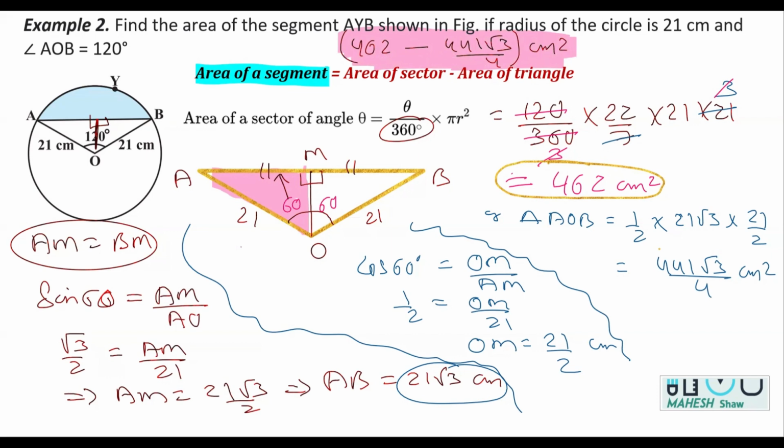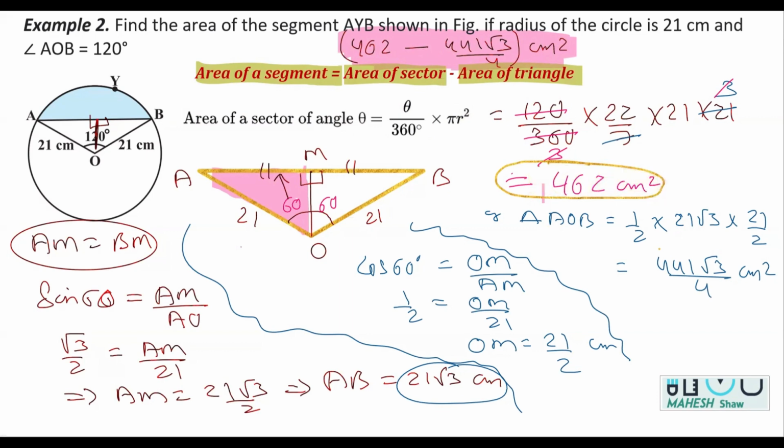So one more review here. We had to find the area of the segment, and the area of the segment is the area of the sector minus the area of the triangle. Applying the formula of area of sector, I calculated the area of the sector. We had the theta, we had the radius, so we plug in the values. We got the area of the sector as 462 centimeters square, right?